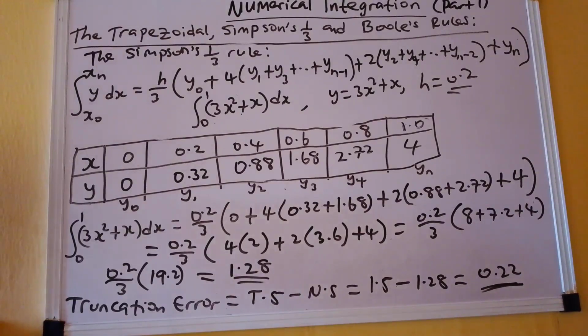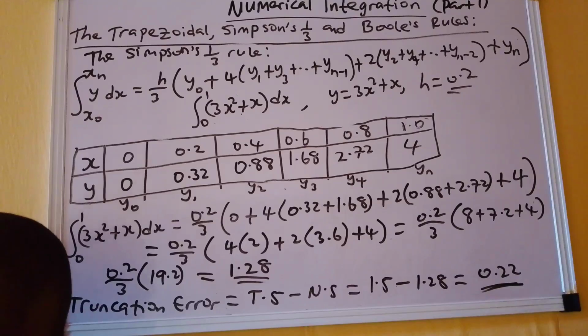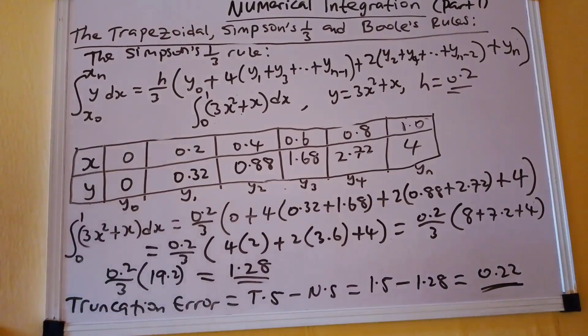And even if f of x is given explicitly and h is given, you can create the table of values and use the numerical integration formulae that you have chosen, whether the Boole's rule, the Weddle's rule, or even the trapezoidal or Simpson's rule.